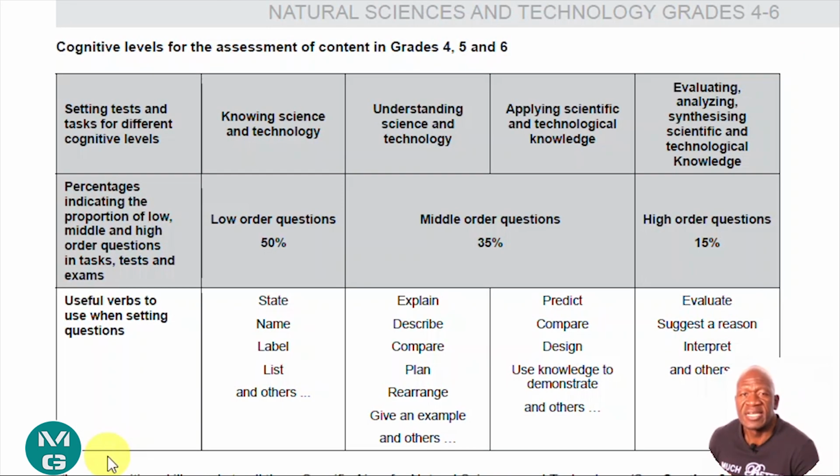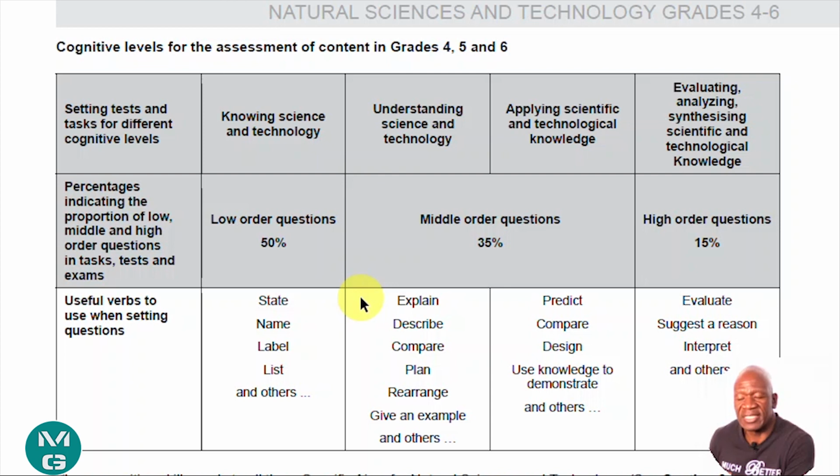Right, on the screen right now we have the page from the subject policy document for Natural Sciences and Technology, grade 4, 5 and 6, as indicated here on top.